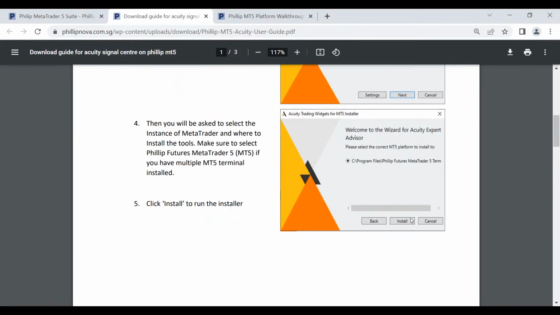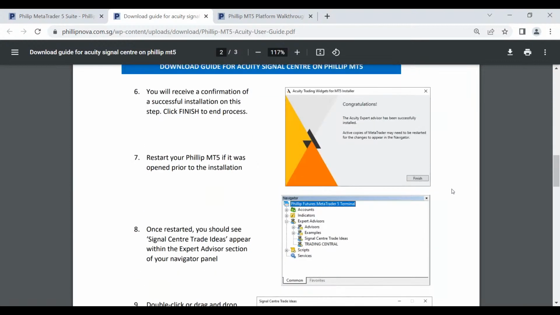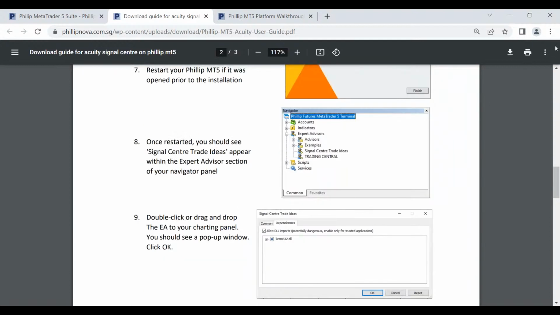So you just click install. Tada, that's all. Congratulations, you've done installing it. All you have to do now is restart your MT5 platform. Once you restart your MT5 platform, you will be able to see this Signal Center Trade Ideas under your navigator panel, which I will hop onto now on my MT5 platform.